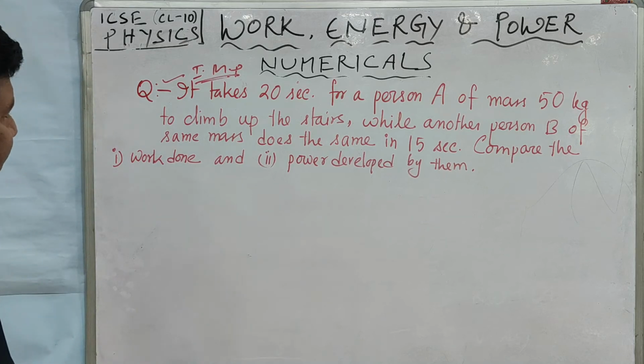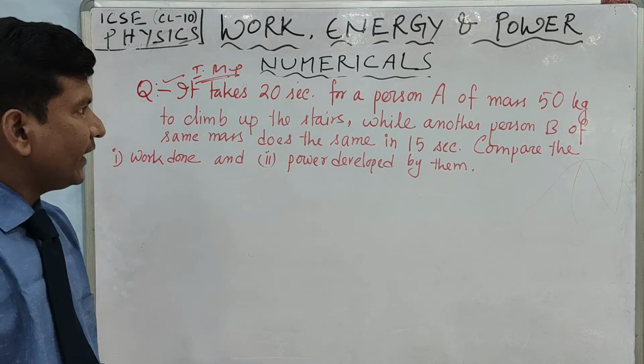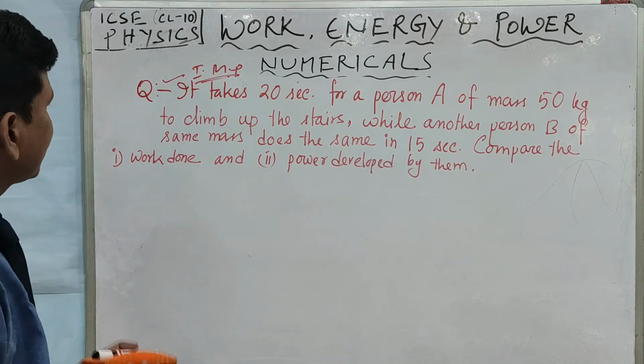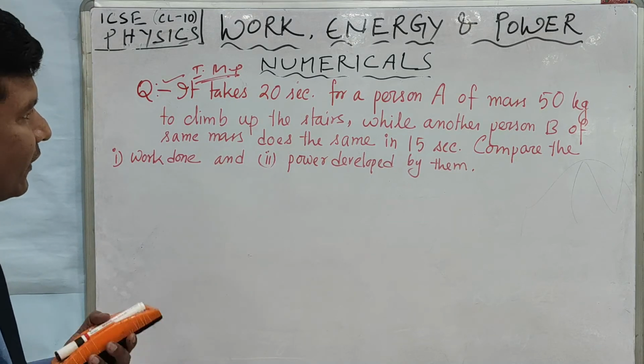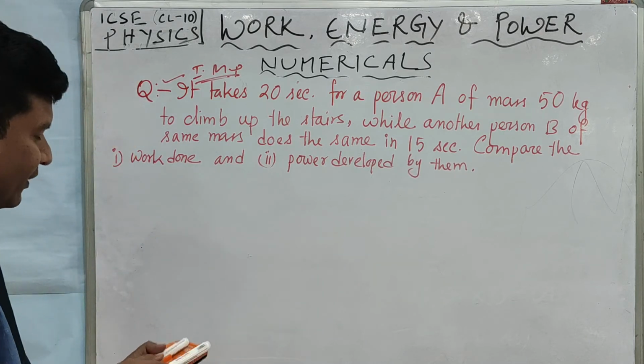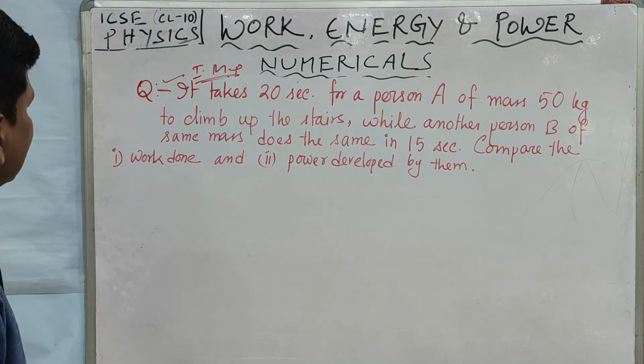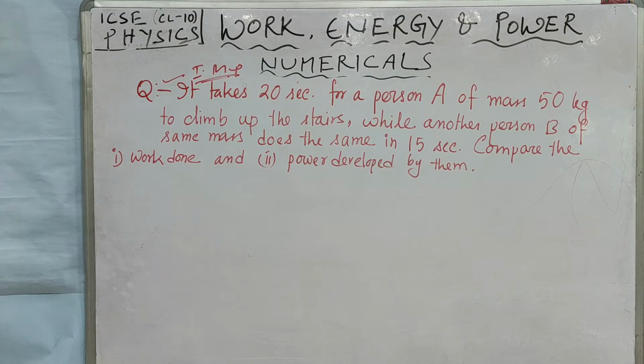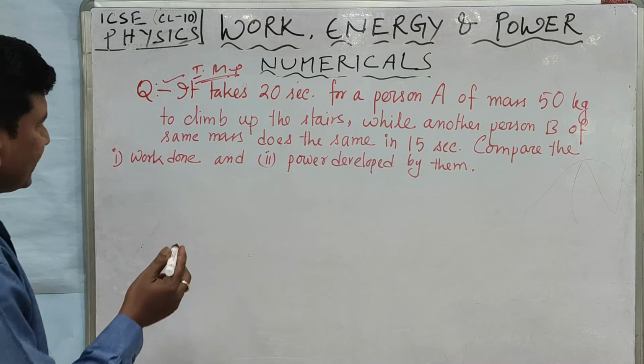It is given that it takes 20 seconds for a person A of mass 50 kg to climb up the stairs, while another person B of the same mass does the same in 15 seconds. Compare the work done and the power developed by them. So here what is given?